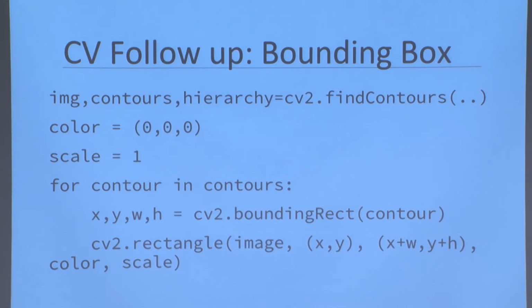I want the box to start at x, y, and the right-hand side to be x plus w and y plus h. So that's going to define the corners, and it's going to draw a box there. And then I tell it what's the color and the scale. So this code should almost run completely, except find contours doesn't have the full input. So the syntax is consistent, though.